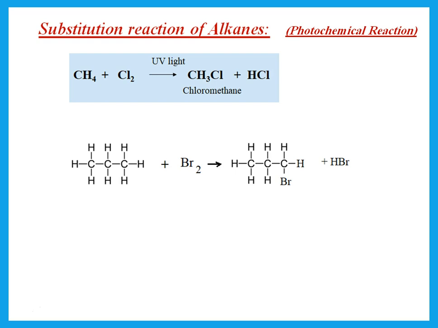We said substitution means I'm going to remove one of the hydrogens and put one Br instead of it. And that means my other product is HBr. But then I have two choices actually. I could either put the bromine on one end, either this end or that end, or in the middle. So these are actually two different products. If my bromine is on one end, how do I call it?